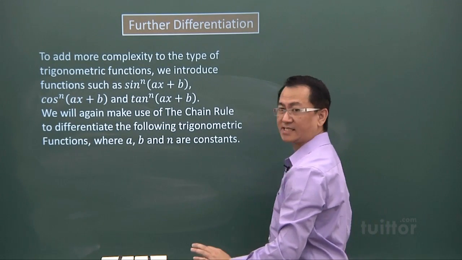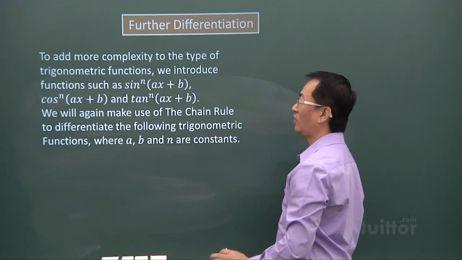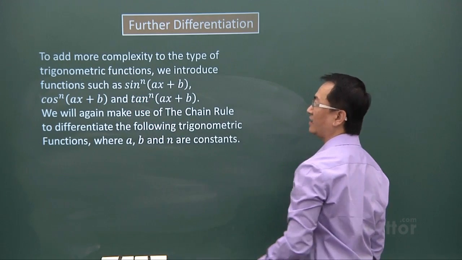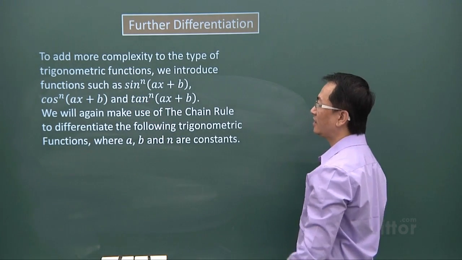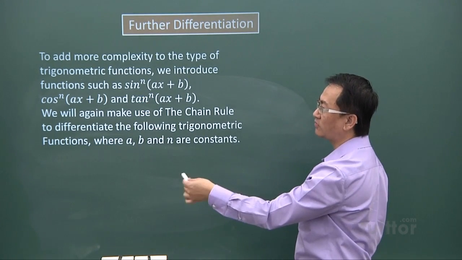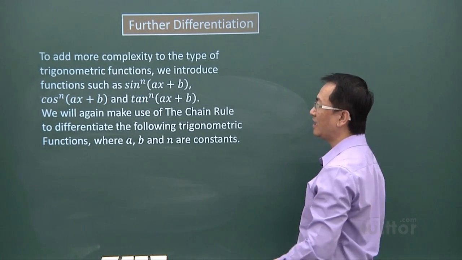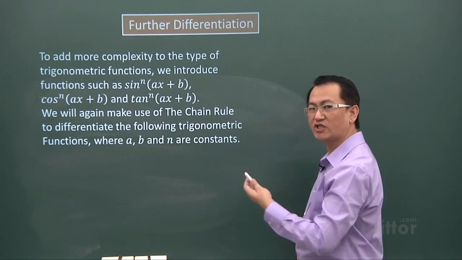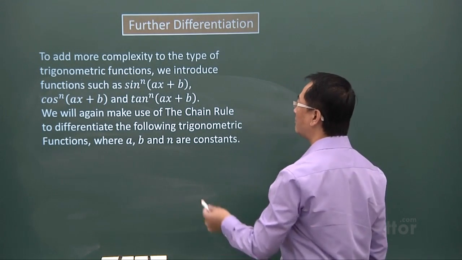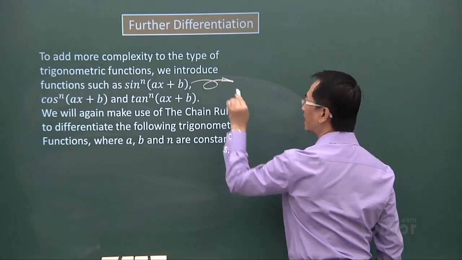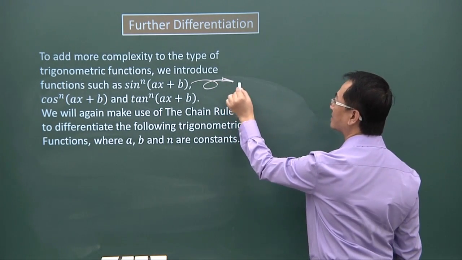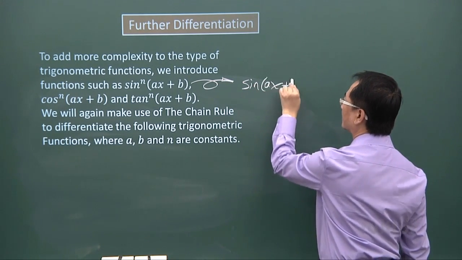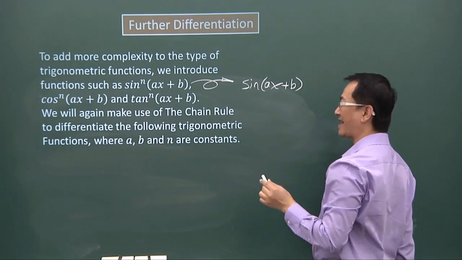We go through the last type, in which you will have sine to the power n bracket ax plus b. You also have cos to the power of n bracket ax plus b, and tangent to the power of n ax plus b. We stretch it a little bit more this time, but essentially this expression is the same as your basic expression you encountered before.